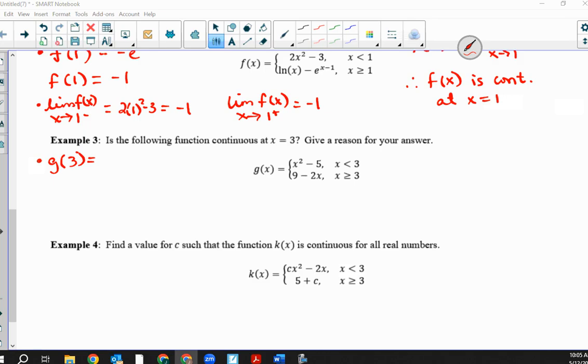If it doesn't, then you tell me why. Why isn't it continuous? All right, let's go through it together. What are we getting for g of 3? Does that exist?